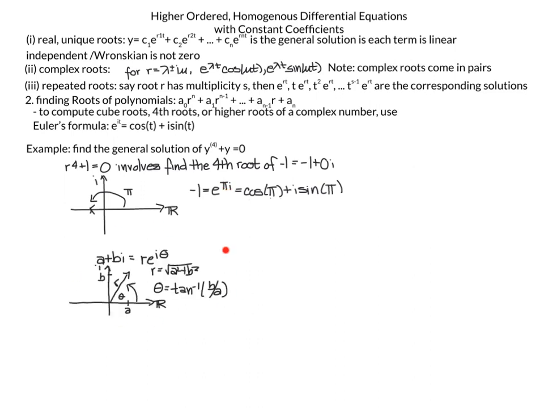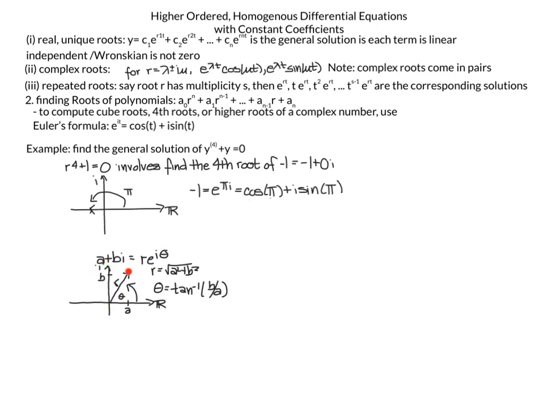This is the general form of how you would convert a complex number a plus bi into an exponent. It's equal to r e to the i theta, where, if you plot a plus bi in the complex plane, a is your x coordinate on the real number line, and b is your y coordinate, that's the i axis.